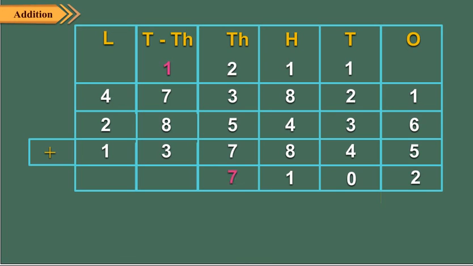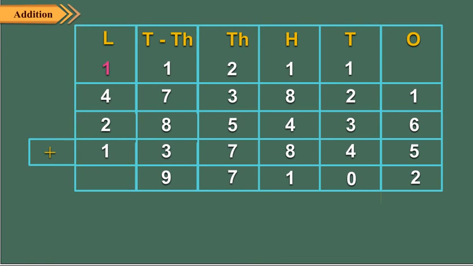So we write 7 in the thousands column and carry over 1 to the ten-thousands column. Add ten-thousands. 1 ten-thousand carried plus 7 plus 8 plus 3 ten-thousands is equal to 19 ten-thousands, which is equal to 1,90,000. So we write 9 in the ten-thousands column and carry over 1 to the lakhs column.